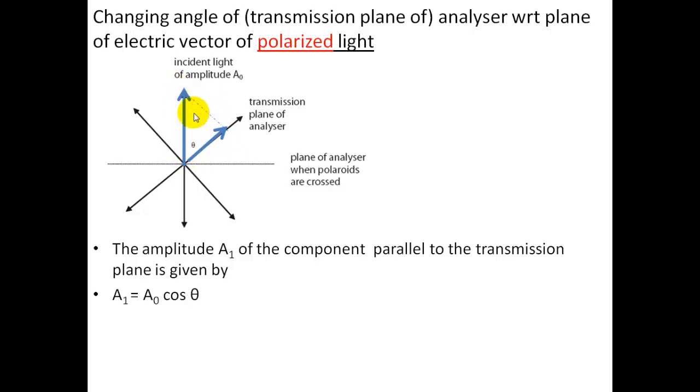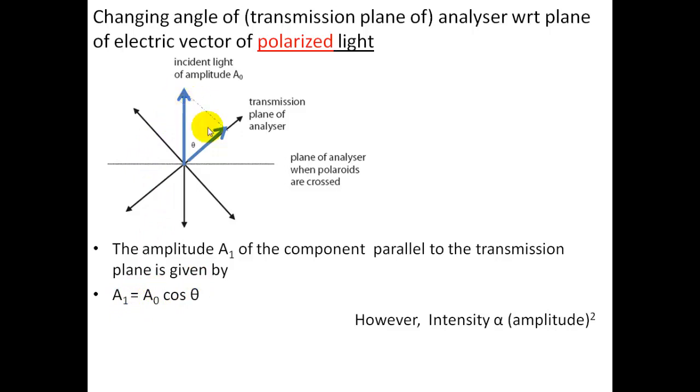So it's going to be A0 times cosine of theta, the component on this axis here. A1 is the amplitude of this wave, and A0 is the amplitude of the incident light.